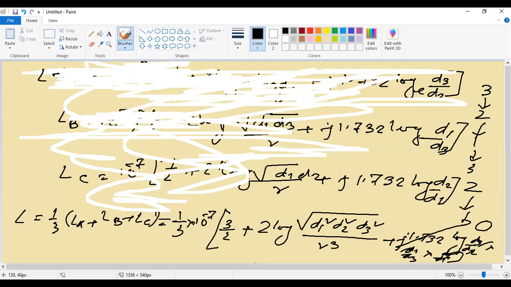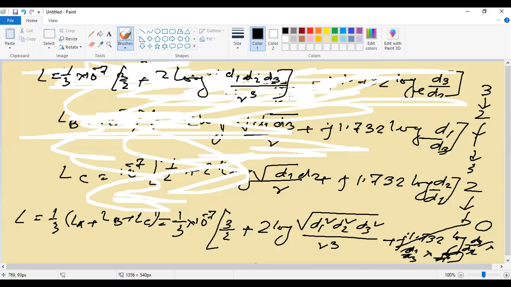So L equals 1/3 into 10 to the power minus 7, this is 3 by 2 log. What will happen? This 2 log. Now this is square, so if it is vanished, then this will be d1, d2, d3 divided by r cube. Yes or no?